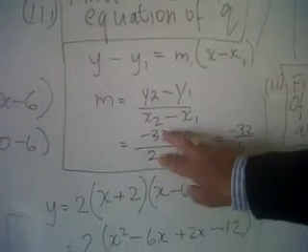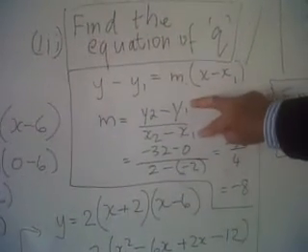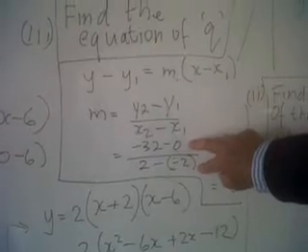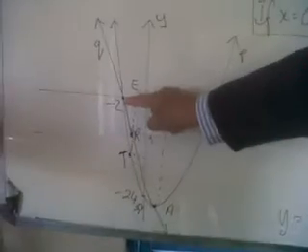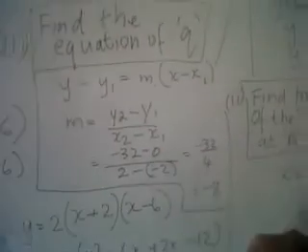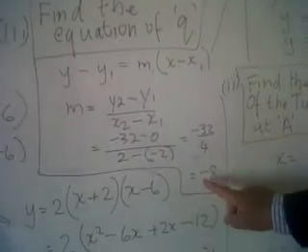And now you take these two, which are the turning point coordinates, 2, 32. That's your y2. And then your x1 and y1 are 0 and 24, which is this point here on that line. Minus 2. Calculate it. 32 over 4. That gives you minus 8. So m is minus 8.